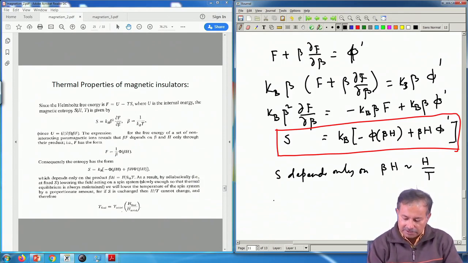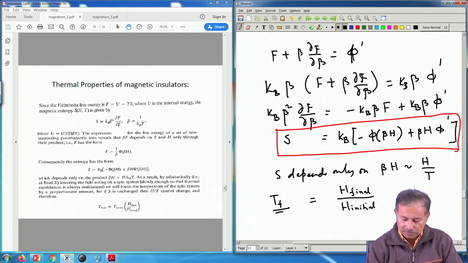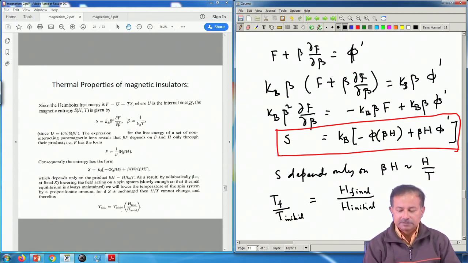So, you can write that suppose I started with an H initial and I landed up with H final. From initial to final I went. Then the ratio H by T will be the same as initially, because S is kept fixed.